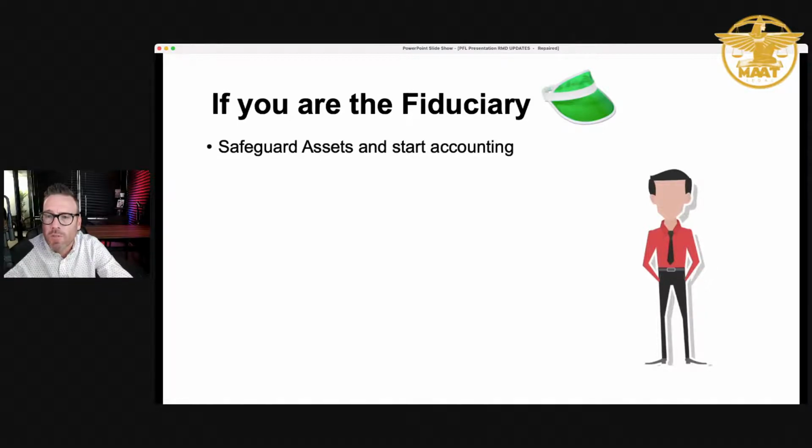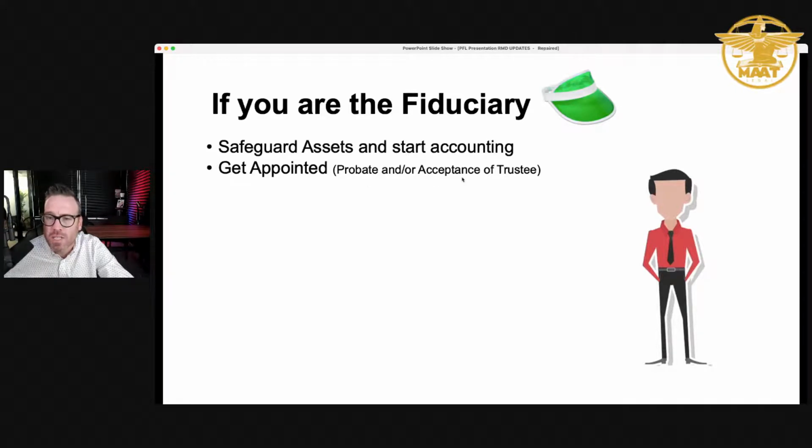If you are the fiduciary, listed in the trust as a trustee or in the will as a personal representative, then you need to protect the assets. Figure out what's out there, safeguard it, and start an accounting. Get appointed. If it's a will, you need to go through the probate court to get appointed.